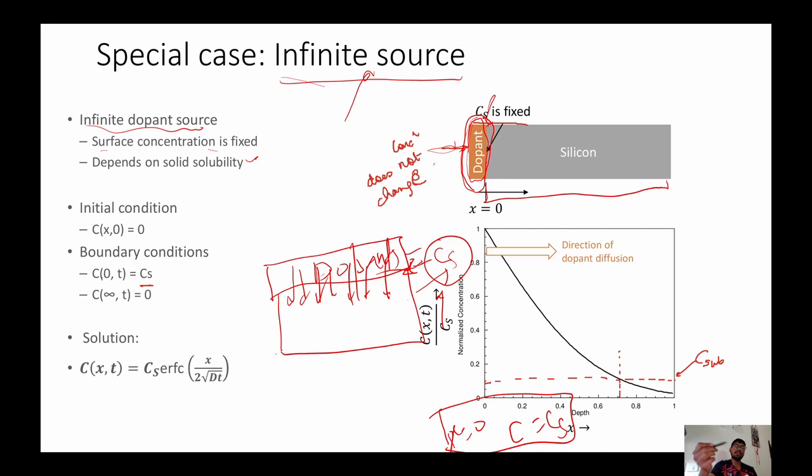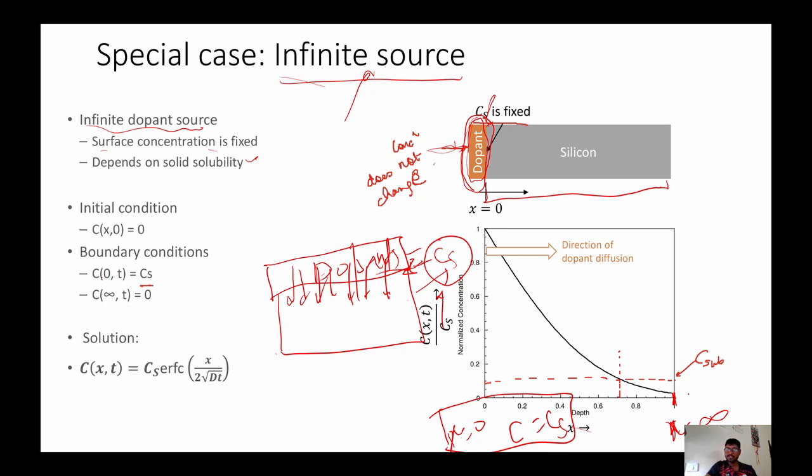This holds for all time. Another boundary condition is at x equal to infinity, which is the normalized position.